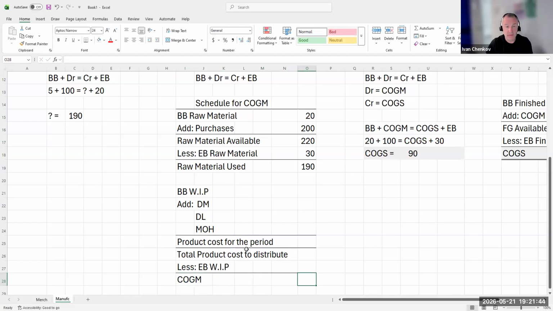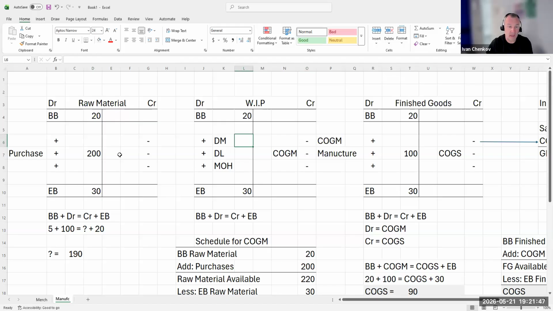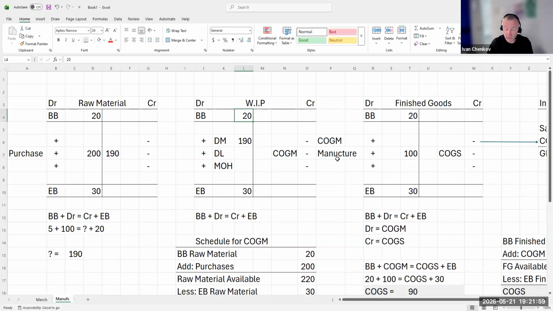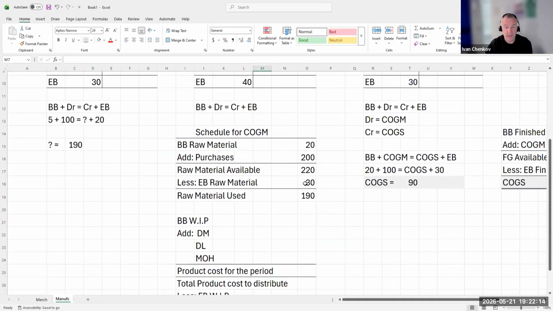So let's fill the gaps. We already calculated that direct material is equal to 190, coming from here. And then that 190 comes here. So let's change the beginning balance here to be 50. Under direct labor, let's say 150, and manufacturing overhead 70. And the ending balance, let's leave at 40. And now we want to find the cost of goods manufactured.